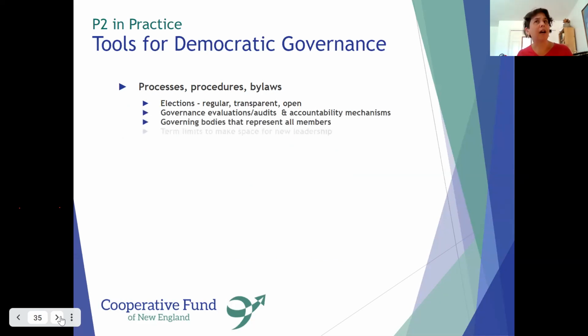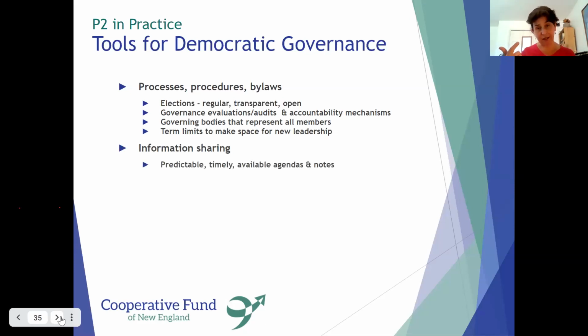Information sharing, so having a predictable schedule about when meetings are, the agenda's announced ahead of time, notes come out at a certain time afterwards. And then also sharing information in a way that's not only available, but really accessible and understandable.